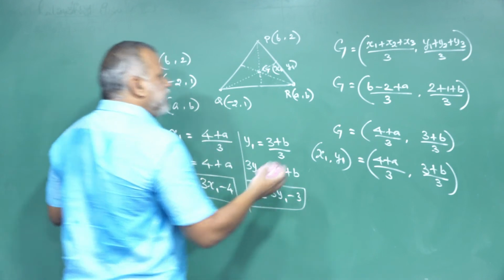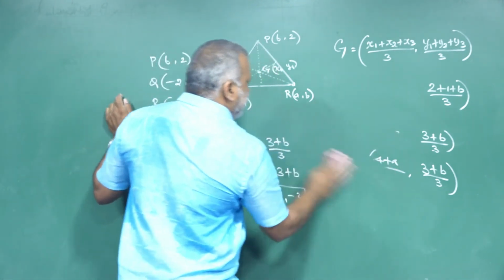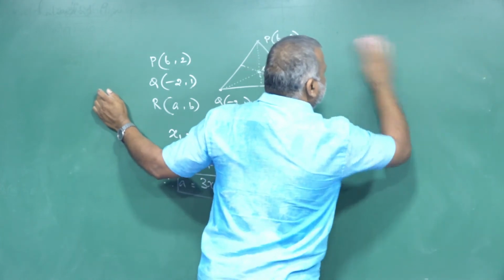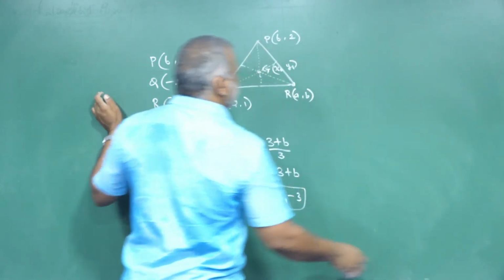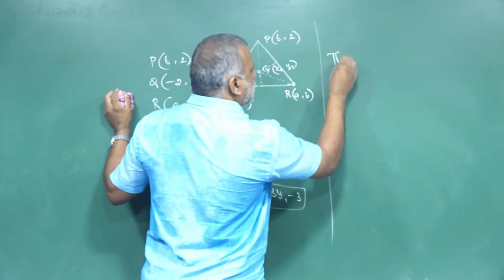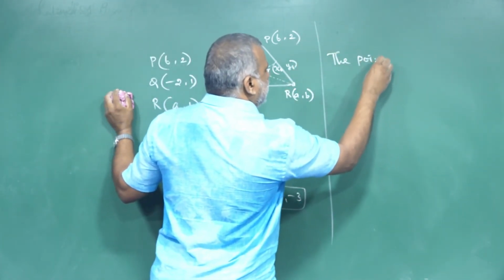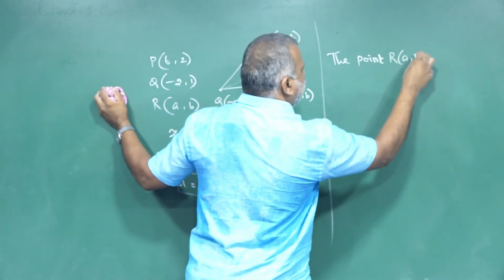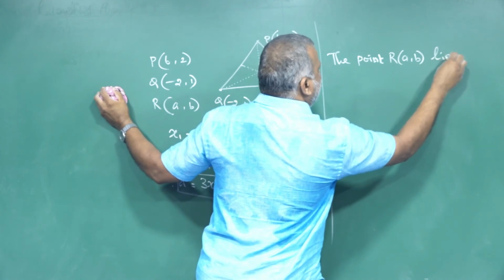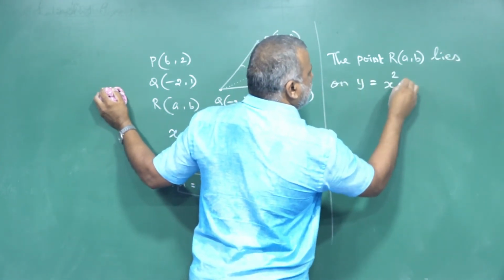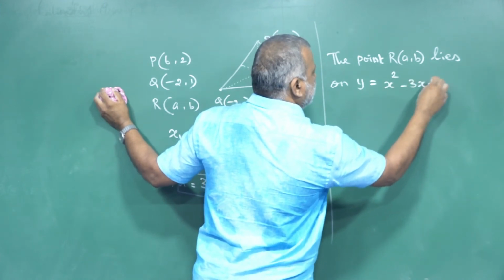Now, what is the other information? This point R(a, b) lies on the other equation. The point R(a, b) lies on y equal to x squared minus 3x plus 4.